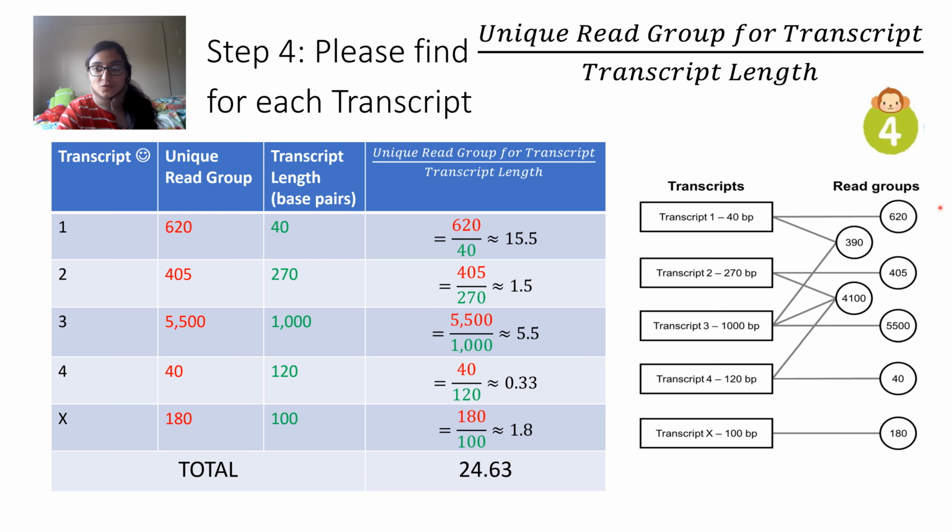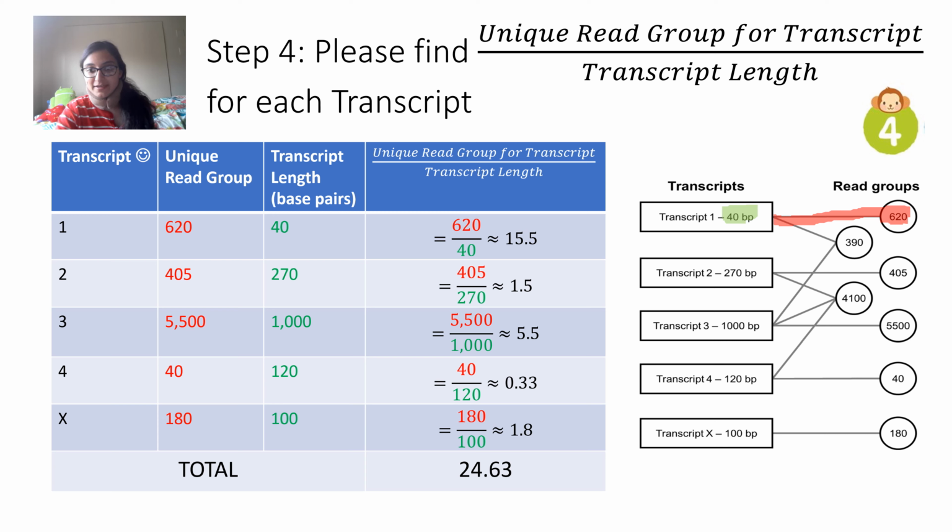We take the 620, which is uniquely mapped to transcript 1, and we divide it by 40 base pairs, which is the transcript length for transcript 1. So that's what we will do over here: 620, the unique read group for transcript 1, meaning all the unique read groups that map to this transcript, divided by 40, the transcript length. And then we get 15.5. So that's how we do this.